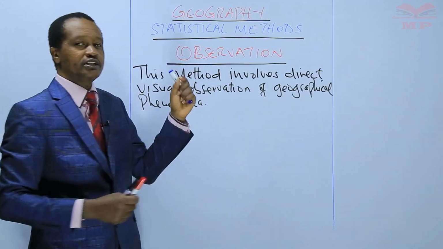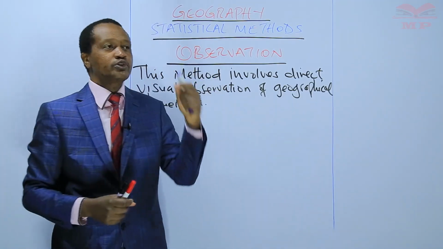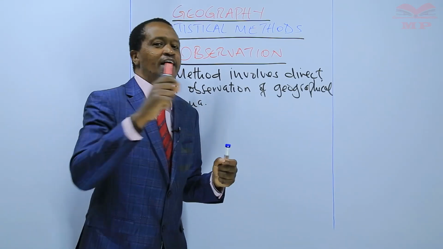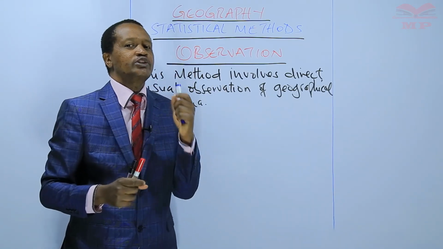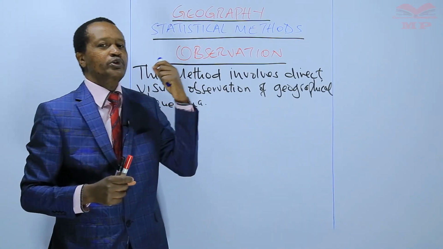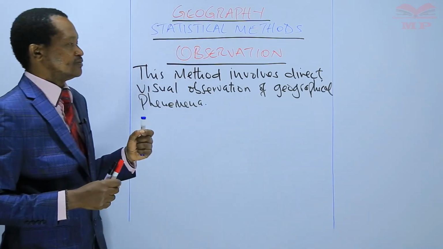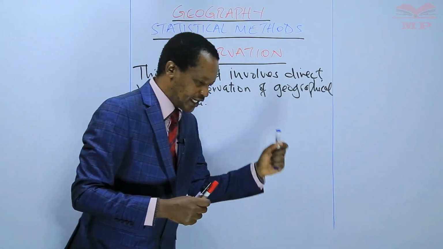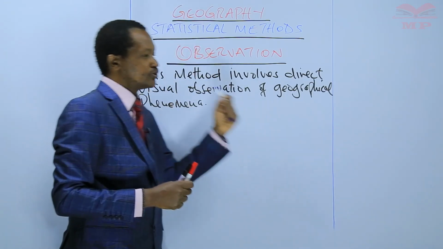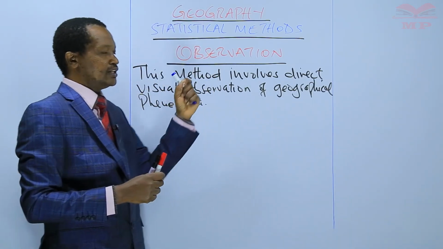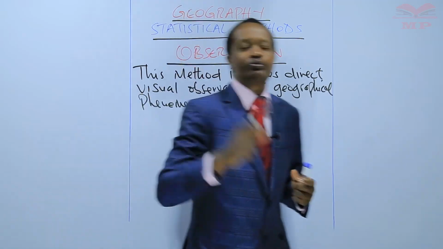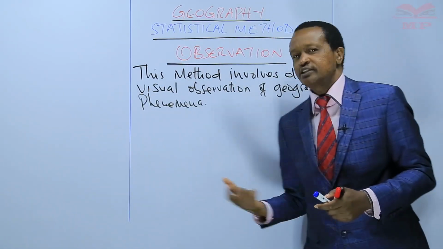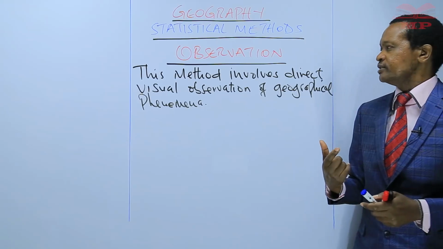And this method is most useful where the phenomena under research is not able to communicate verbally. The kind of information or data that the researcher is looking for may not be communicated verbally by respondents, learners.